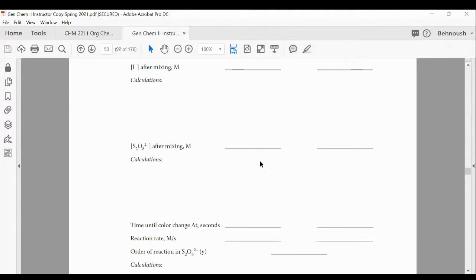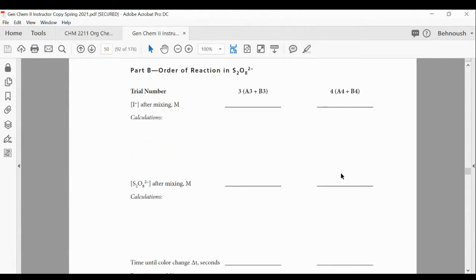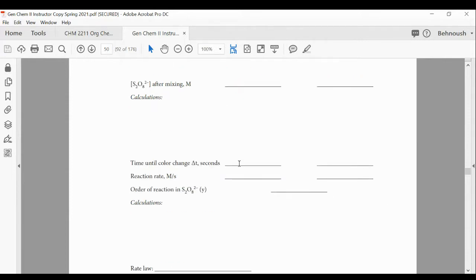And for S2O8, if the volume of the S2O8 changes for trials 3 and 4, you would find the concentration here. Same thing, you find the volume and the time for color change from the video, specifically the chat area, because I tried to write these down when I was doing the experiment. Then use equation 19 to find the rate for trial 3 and trial 4.